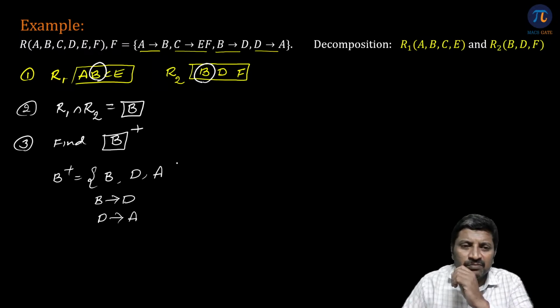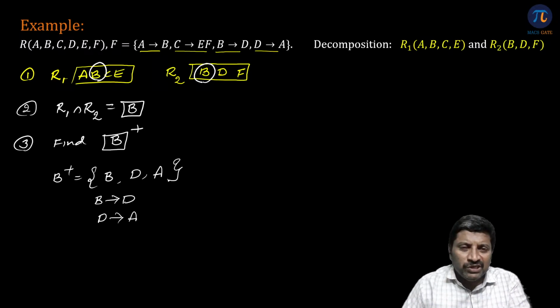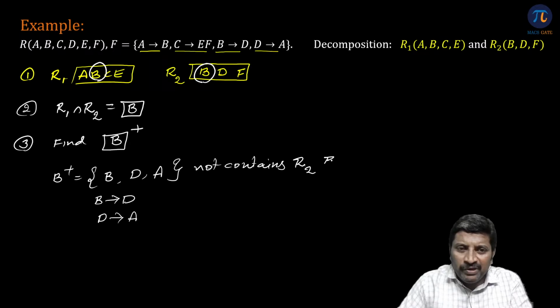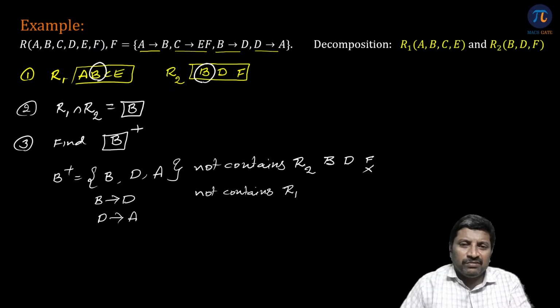No, not possible. Now the question is, this does not contain R2 completely. Am I right, sir? Because what is R2, sir? I have B, D, F. F was missing. Even it does not contain R1. What is R1, sir?